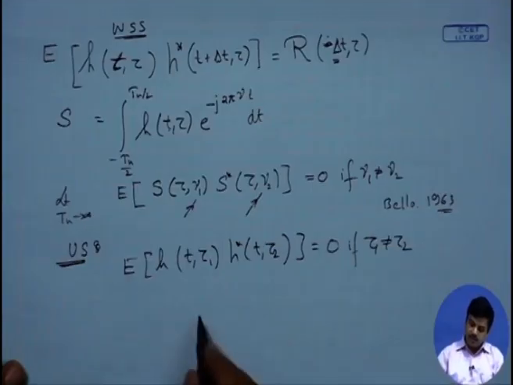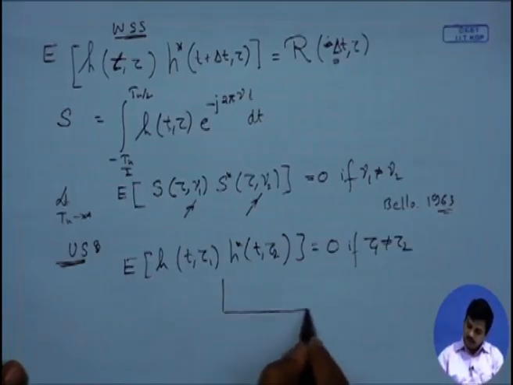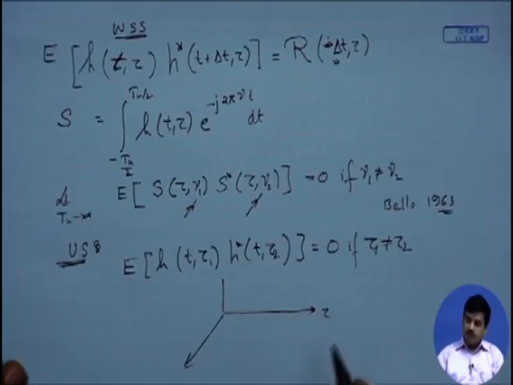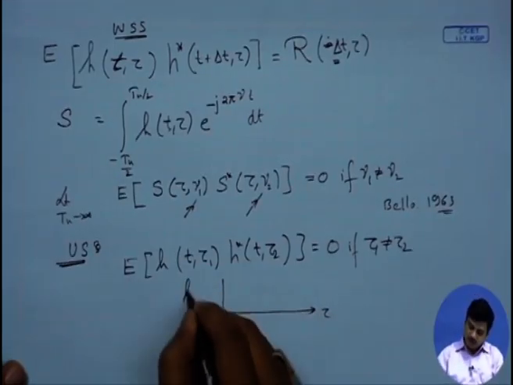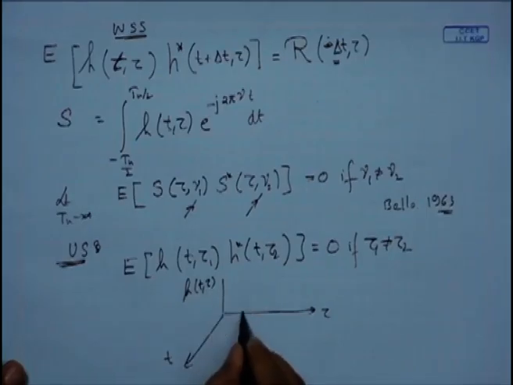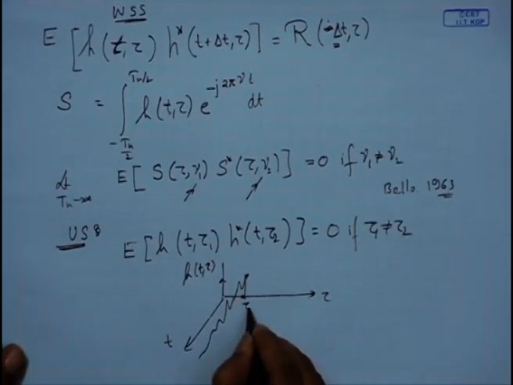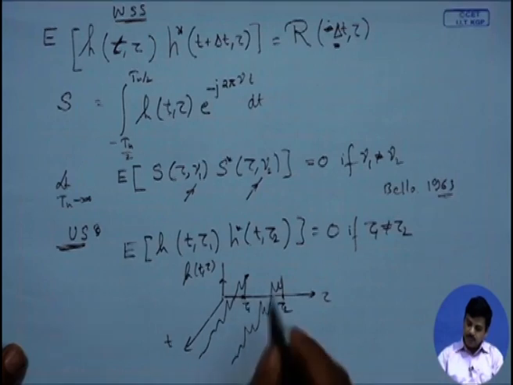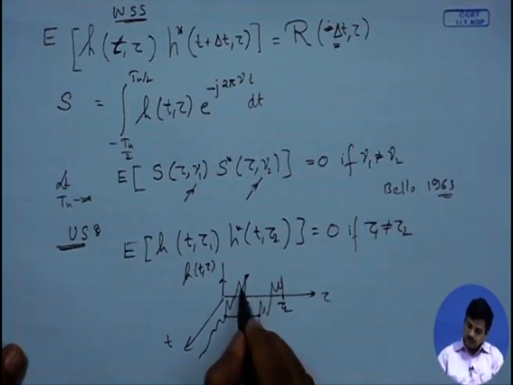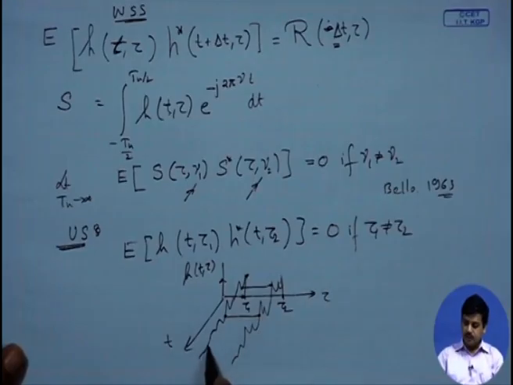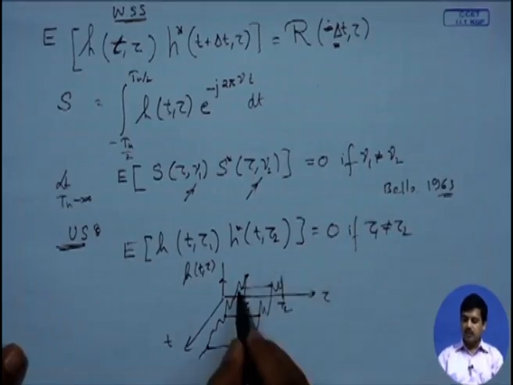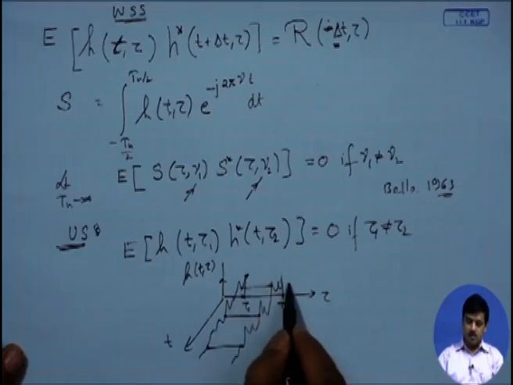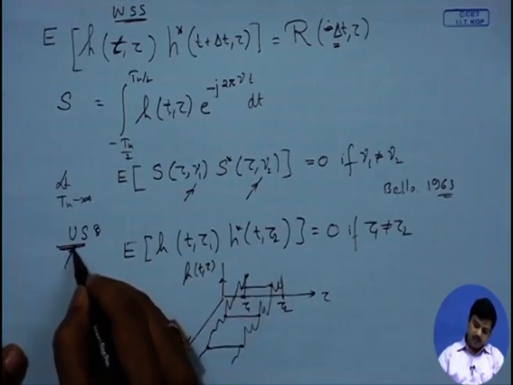What it means is that if we look at this diagram which we had drawn before, if this is the tau axis and this is the t axis and this is h of t comma tau, at tau 1 we have an impulse, that means we have sent an impulse, we have received an echo, and this is fluctuating with time. Then at another tau 2, we have seen there is another echo which is coming. So what it says is that at every instant of time, if we take the product and do the averaging, the result is 0. That means these two are not correlated, they are uncorrelated. That is the result of uncorrelated scattering.